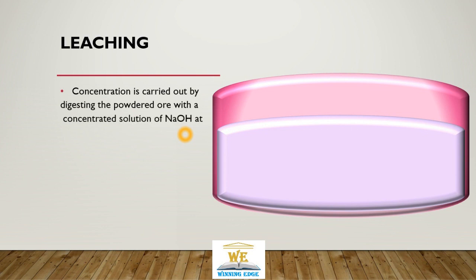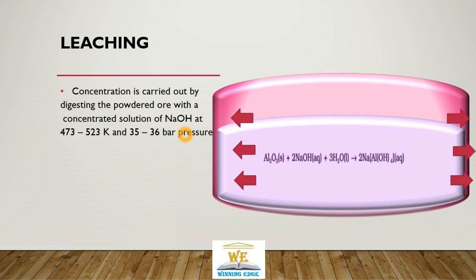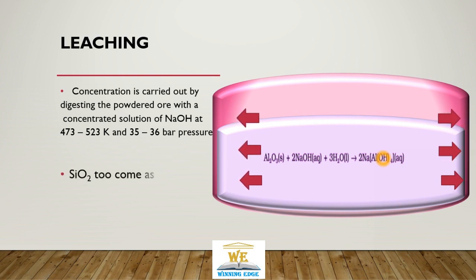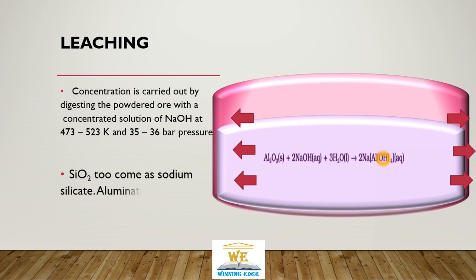Now in this process, bauxite leaching, sodium hydroxide at 473 to 523 Kelvin, which is roughly 200 degrees Celsius to 250 degrees Celsius, at high pressure, 35 bar, and we get sodium aluminate. This is soluble. Silica also makes a sodium silicate.